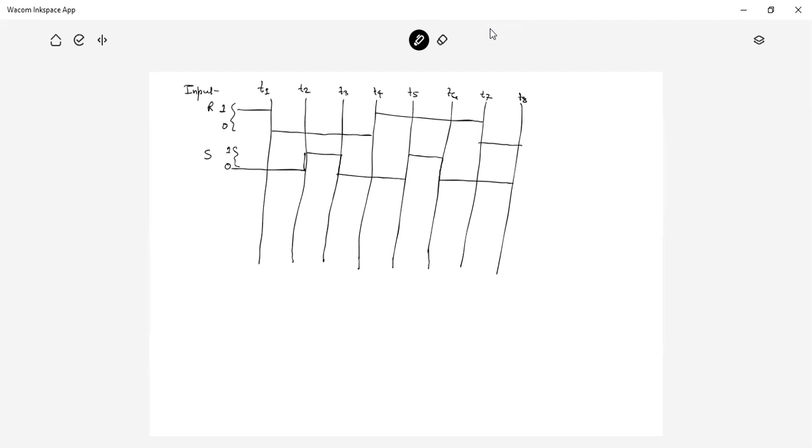This is the input. Output is the Q state. You see the output. For both S and R, you see case 1, what was case 1?